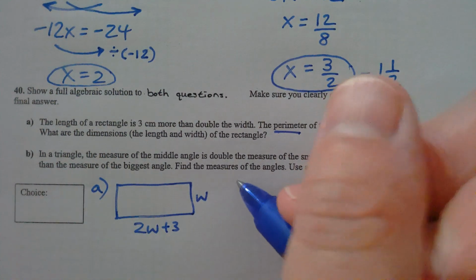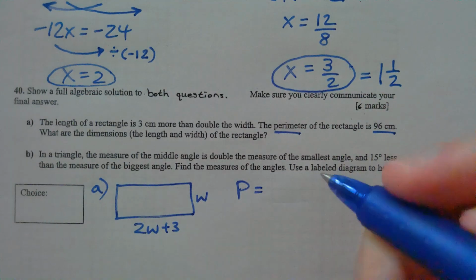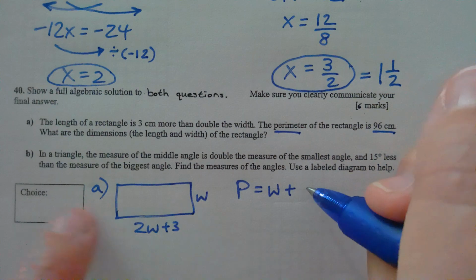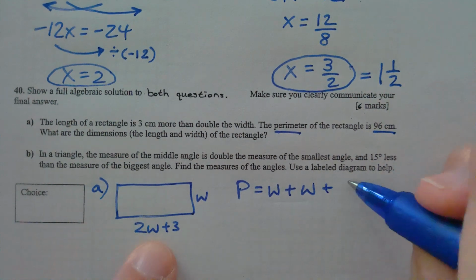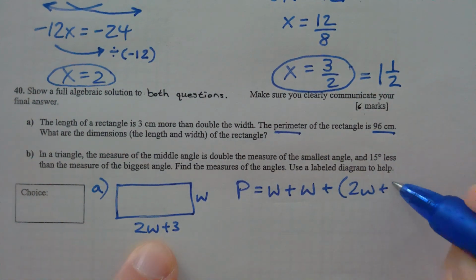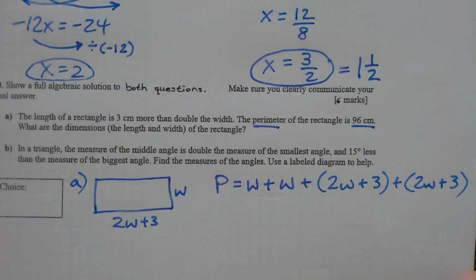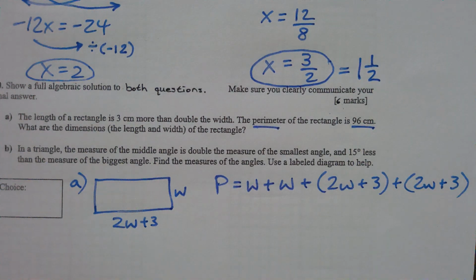So when I write my expression, it's going to be w plus 2w plus 3 plus 2w plus 3. Okay, you can use the 2 times w and then 2 times w plus 3.